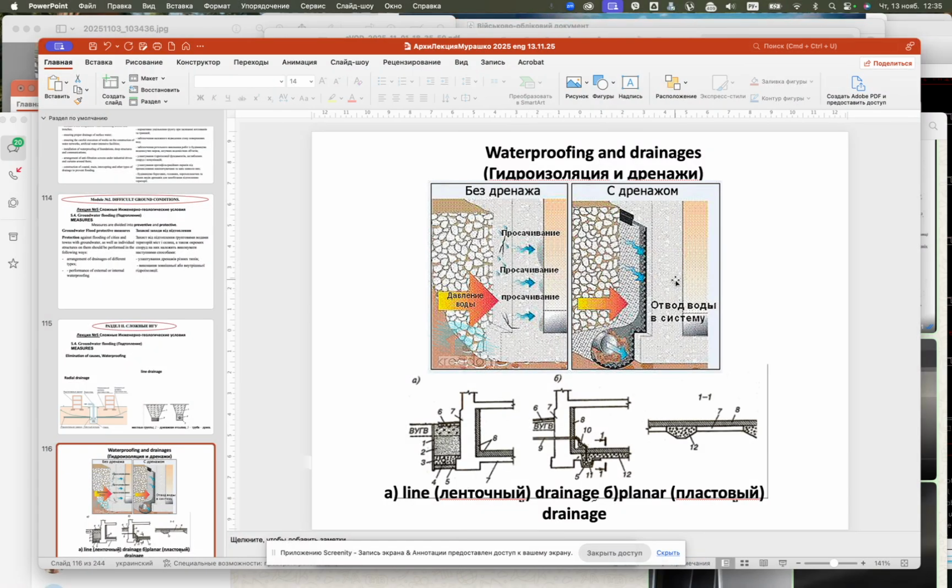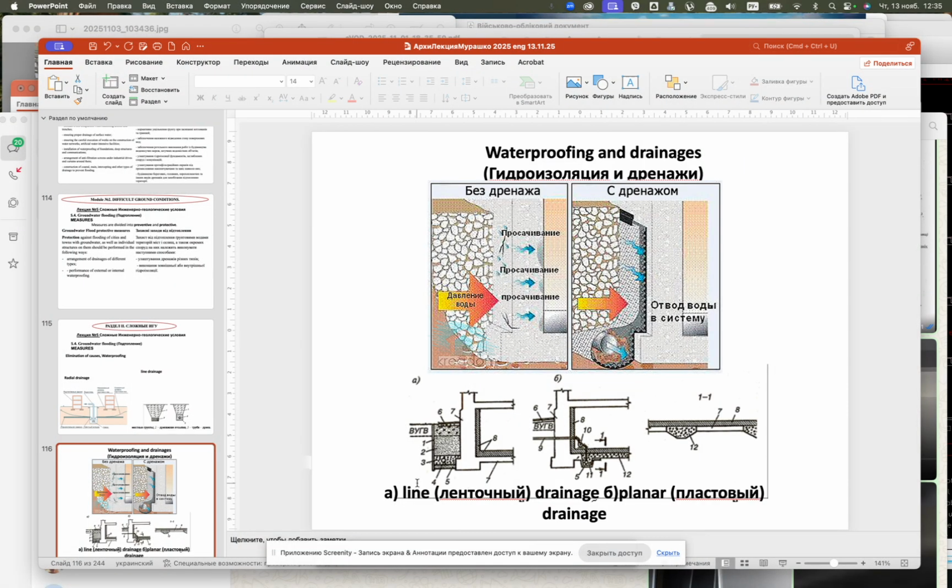But if you make waterproofing with drainage, so waterproofing is like a rubber film which protects from water pressure, and the drainage layer, like sand or something like that, will lead this water down, and it will go to this drainage pipe, and will go through the building to the rainfall drainage system.